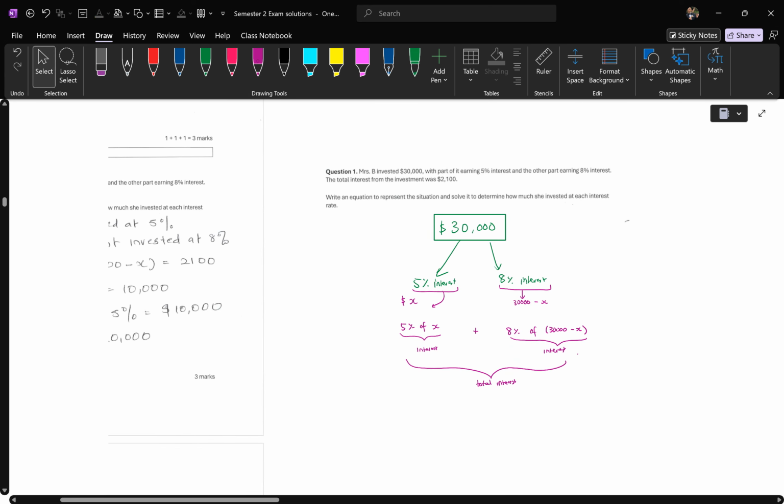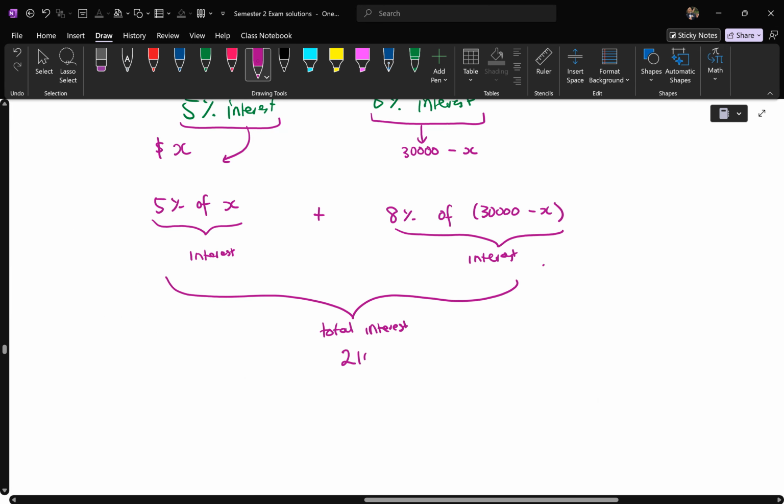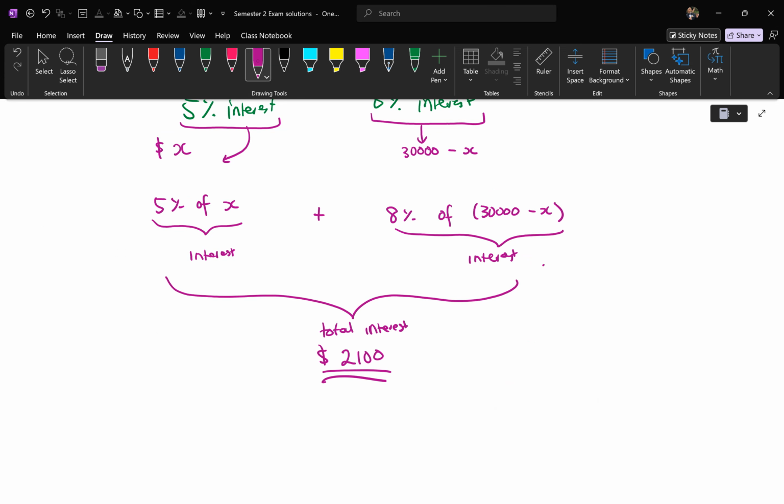But they told us that the total interest from the investments was $2,100.